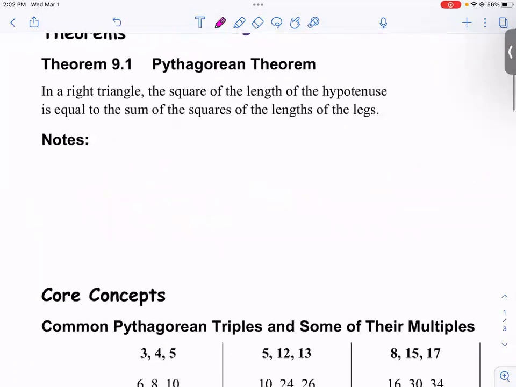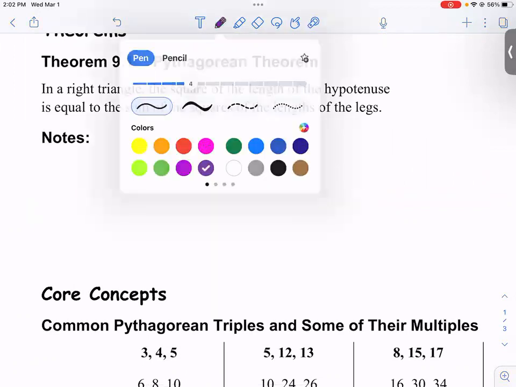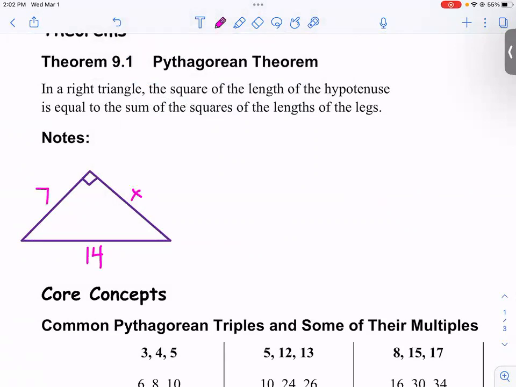Okay, so what we are going to do is use what we have just been talking about in our radical review to give answers. This is not drawn to scale, but here's a triangle.